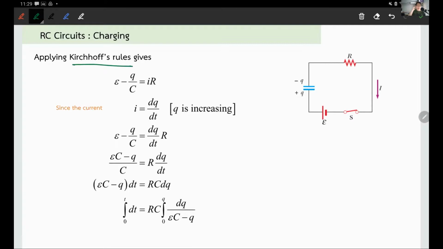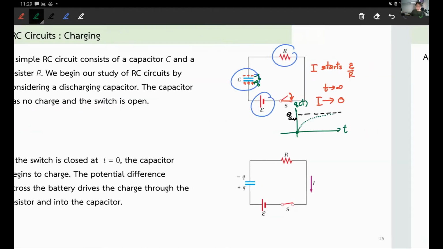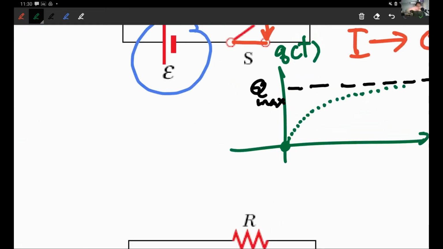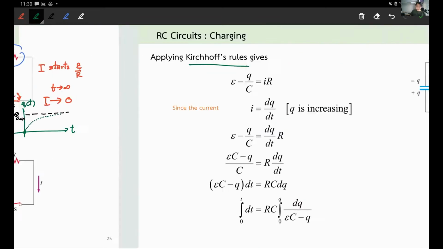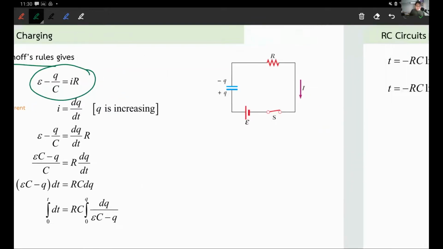But once again, I don't want to drag you through too much of the calculus, but at least you get an idea what is supposed to happen here. So this curve that is getting harder and harder to charge your capacitor is the solution of this equation right here. For those of you that are really keen on how to solve this one, you can go through this slide, but I'm just going to jump right into the end.